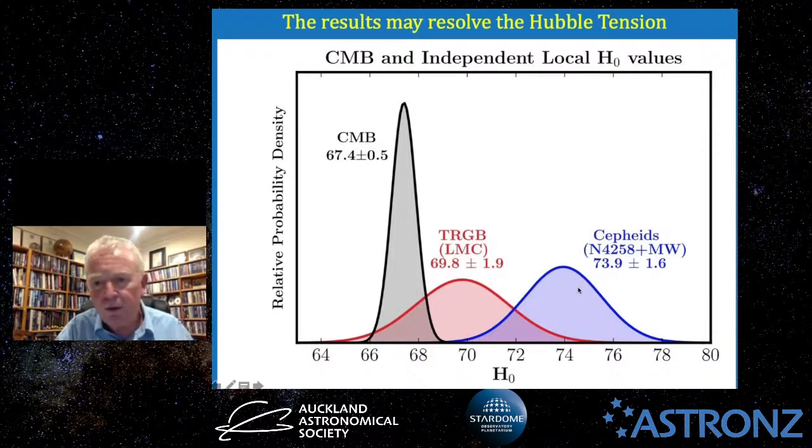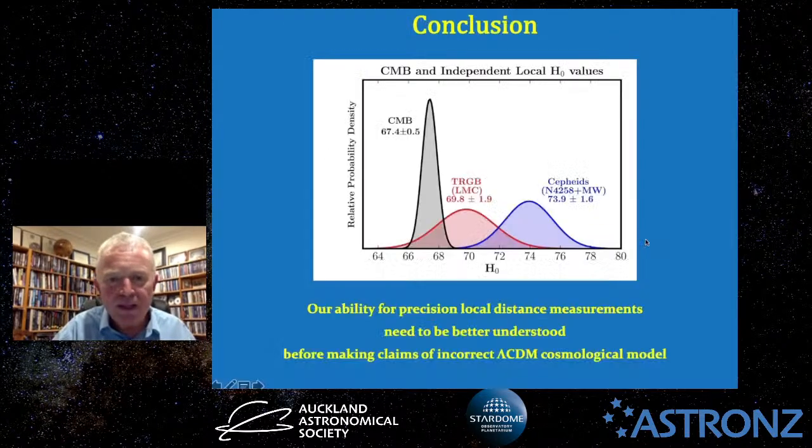Here are your Cepheid variables. This is one of the studies that showed 73.9 with some error margins. Look, you're struggling even to lap up the error margins. Look at this study using the tip of the red giant branch. Look at that, once you put your error bars in, there's some nice overlap going on in here. It's not a magic bullet, but there's a message there.